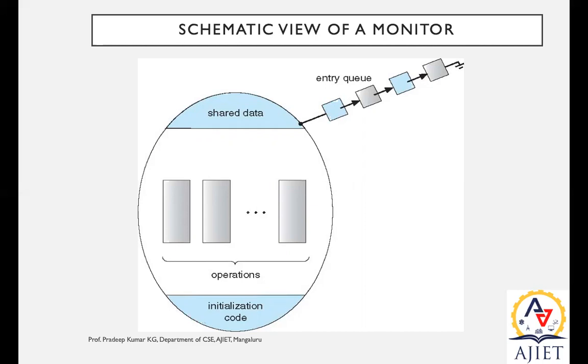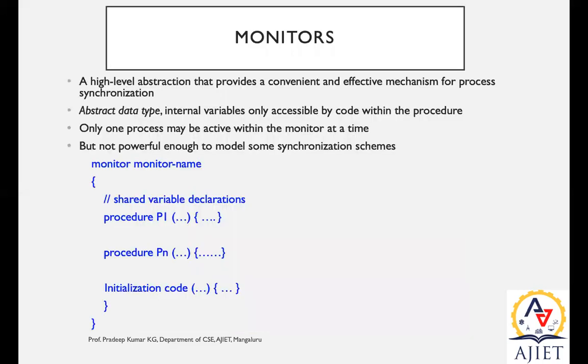Now you understood? In general, a monitor is a type, nothing but an abstract data type. It includes a set of programmer-defined operations that are provided for mutual exclusion within the monitor.